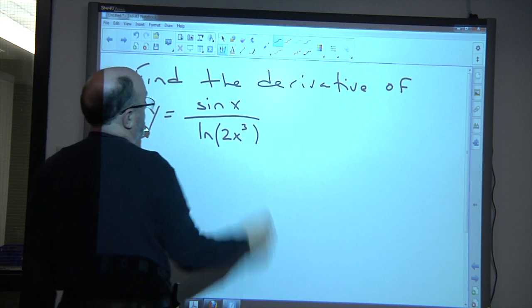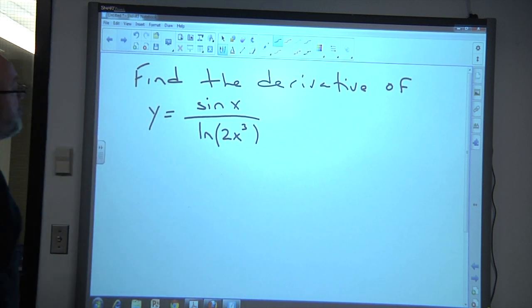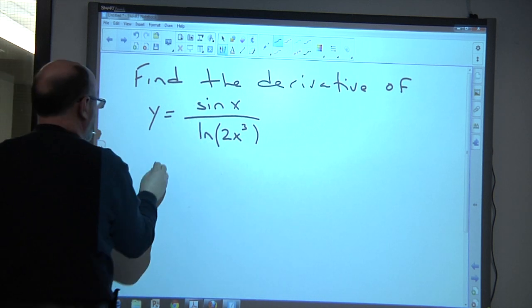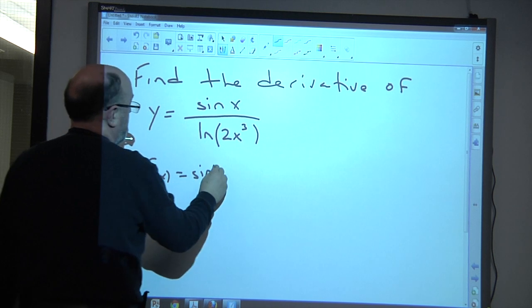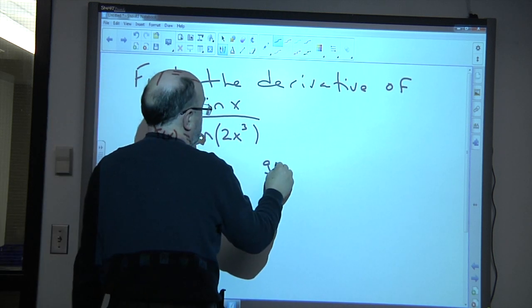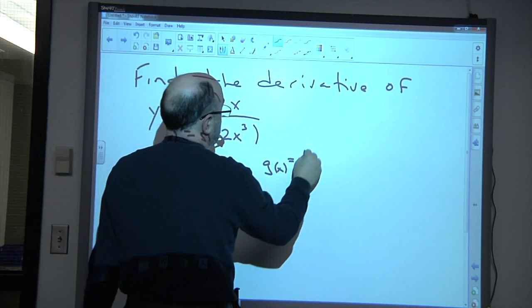Right. So it's dividing, so that's quotient rule. So we divide it out. We get sine x. My g is going to be the natural log of 2x cubed.